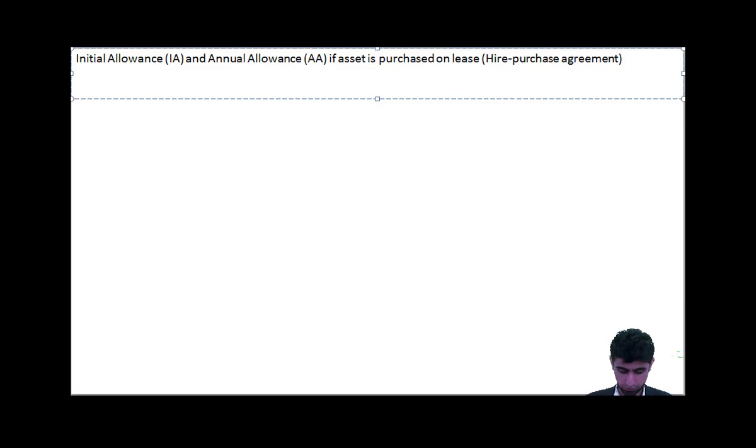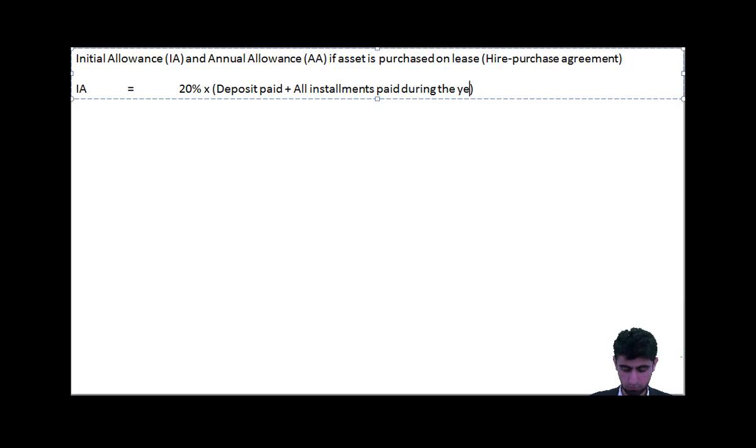Okay, so first year initial allowance in this case, the formula is the same, it's just that you have to determine how much amount has been paid. So it's going to be 20% times, not the cost of the asset, it's going to be deposit paid plus all installments paid during the year.